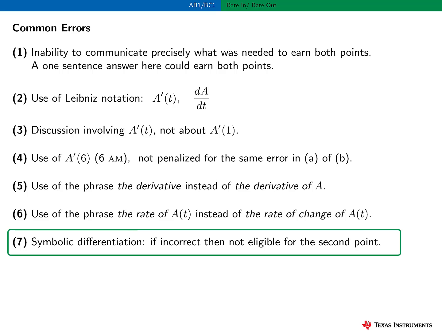And finally, some students actually tried symbolic differentiation to find A prime of 1. This is indeed possible, but it's not necessary here. This was a calculator active problem, and students just needed to find the sign of A prime of 1. If the symbolic derivative presented was incorrect, then the response was not eligible for the second point.